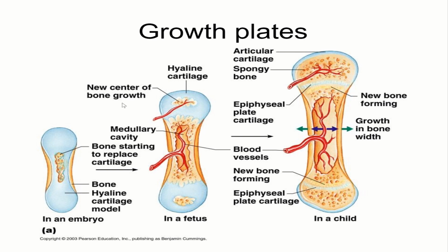So what happens with an infant? Well, let's start in the embryo. In an embryo, most of the bone is in fact cartilaginous. As we develop, we do get more bony tissue. As you can see, more of that cartilage is replaced, but still, major components of the skeleton are cartilage.